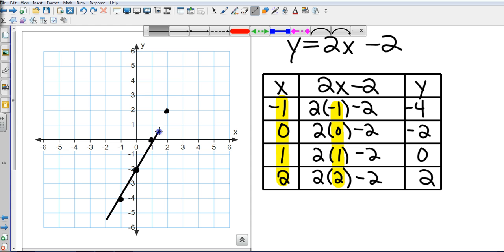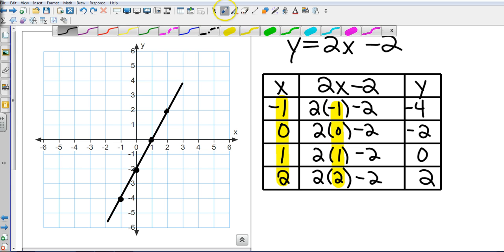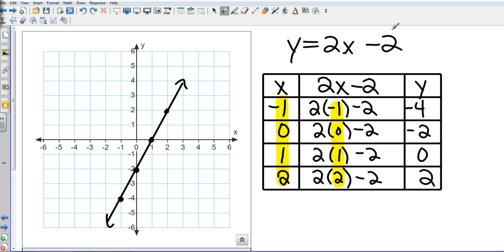Let's go with that. Nope, I don't like that one. There we go, I like that one. And so there is our line. And get in the habit of labeling your lines. So this is y equals 2x minus 2. Okay, so making a table.